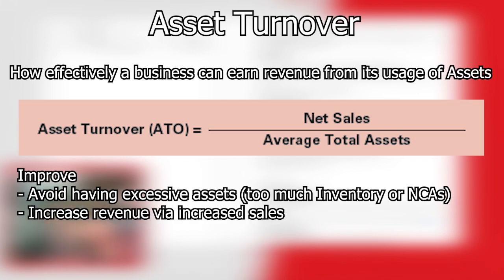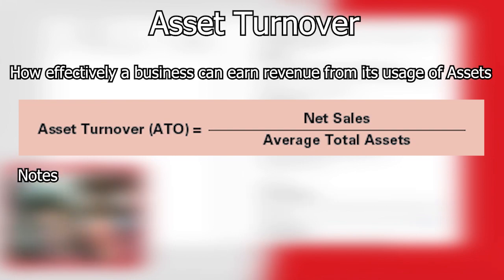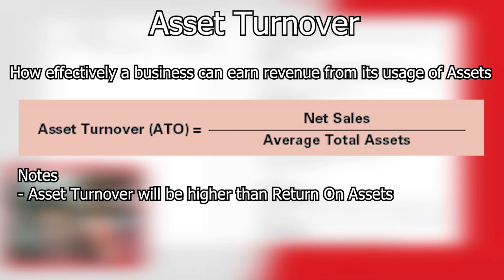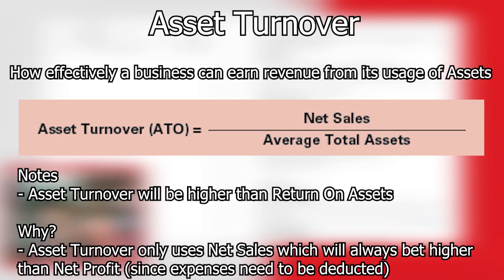It's important to note our asset turnover will always be higher than the return on assets ratio, because return on assets uses the whole net profit, whereas asset turnover only uses net sales.